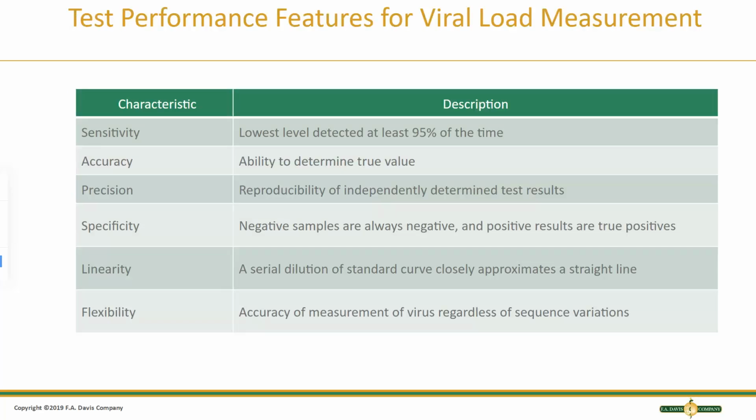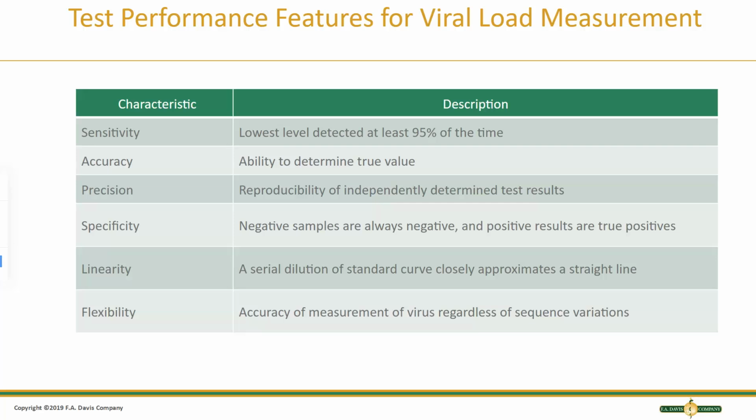Test performance features for the viral load measurement: sensitivity, the lowest level detected at least 95% of the time. Accuracy, the ability to determine the true value. Precision, the reproducibility of the independent determined test results. Specificity, negative samples are always negative, and positive results are true positives.